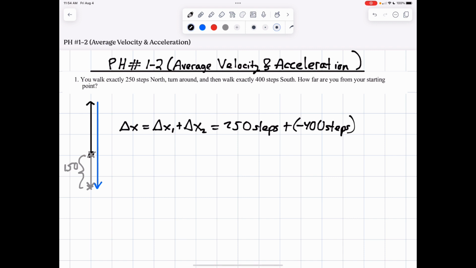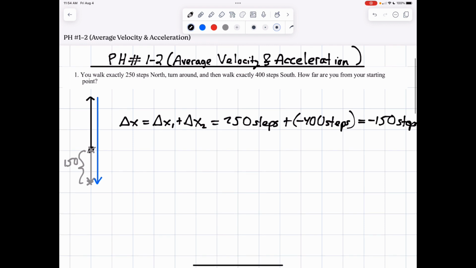You end up subtracting them and get negative 150 steps, which is the same thing as 150 steps going south, since negative was defined as the southern direction.